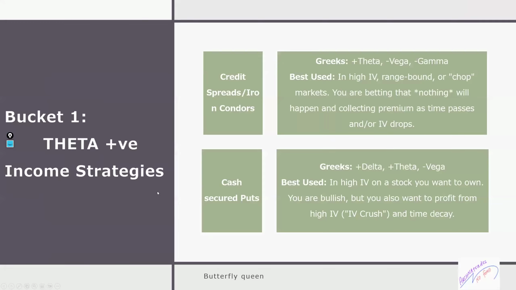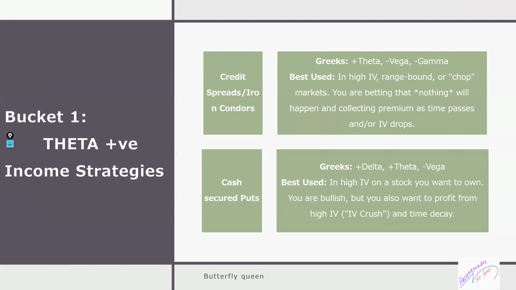Theta positive are my income strategies. Theta positive means as time goes by, and as I keep saying, I am not wrong. Those are two different things. It's a different mindset.